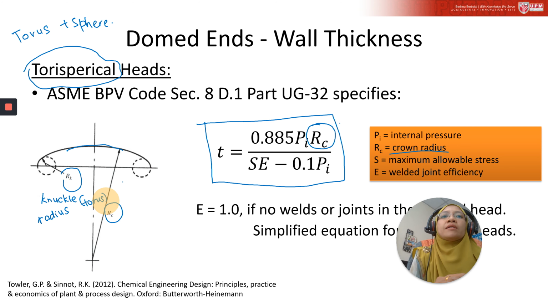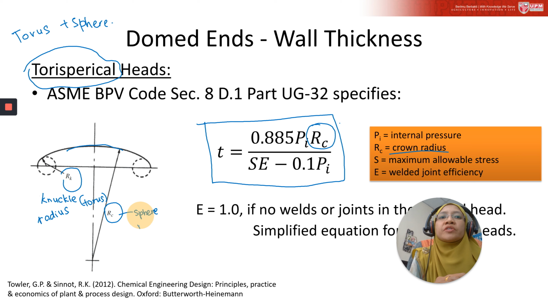And then RC stands for crown radius, which is also known as the sphere radius.